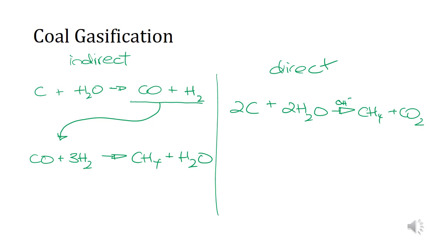Once I have my methane, methane is a slightly less efficient source of energy than coal. So it's got a lower kilojoules per mole, but it's much easier to transport.